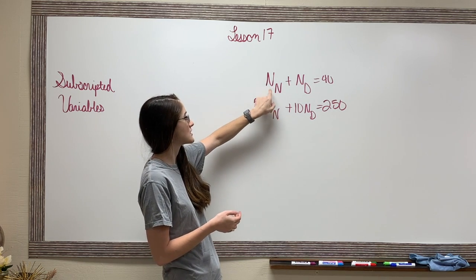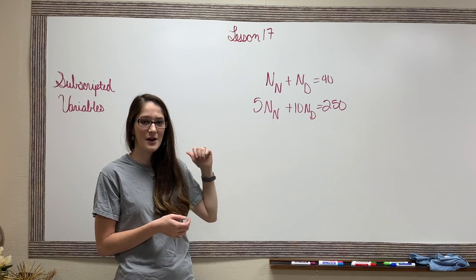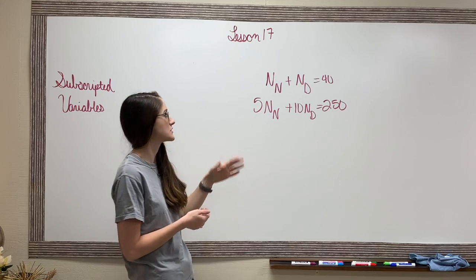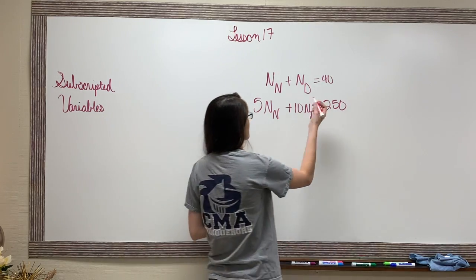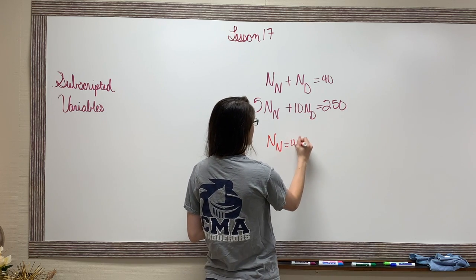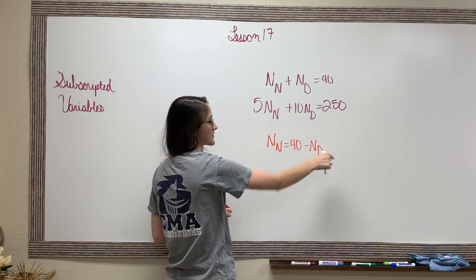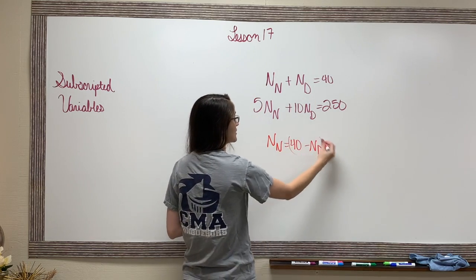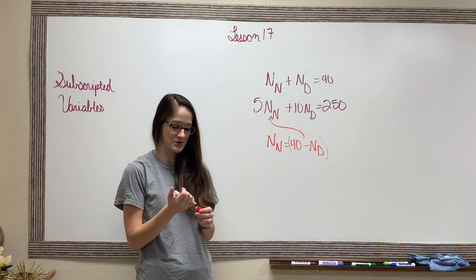The only issue is right now, nickels and dimes are on the same side of the equal sign. I would need to isolate one of those variables, which can be done very easily by just subtracting. So we could say number of nickels equals 40 minus number of dimes, because I just subtracted number of dimes to the other side. Then I could use this to plug in here and solve using substitution.